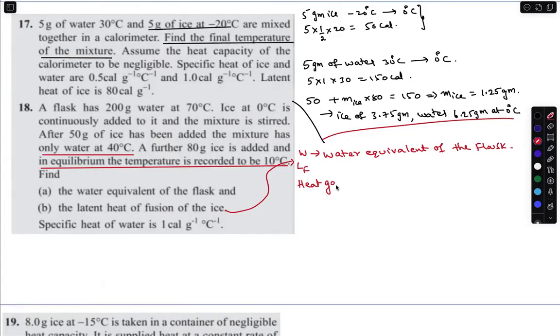Heat gained by ice is heat lost by water and flask.